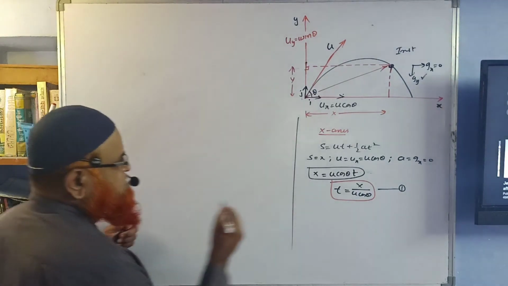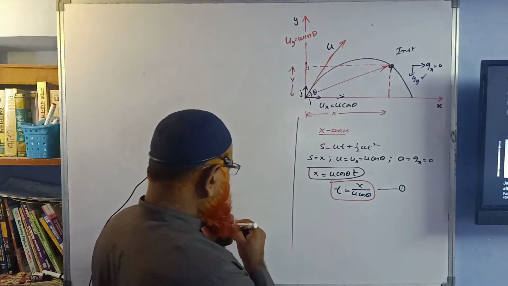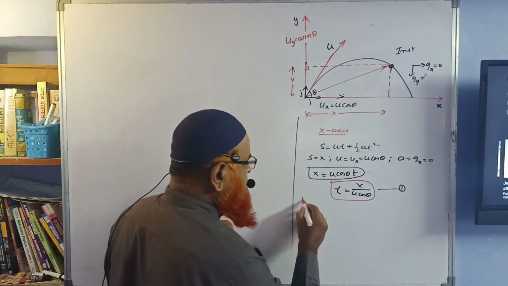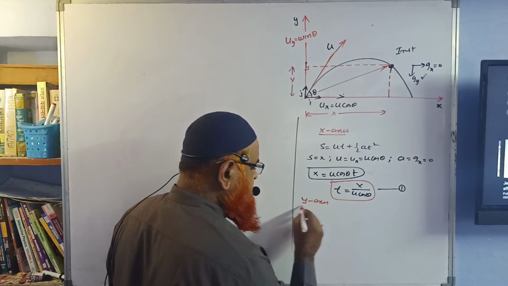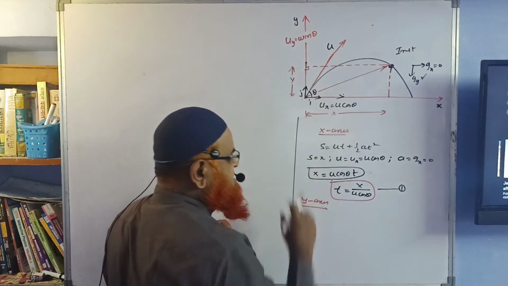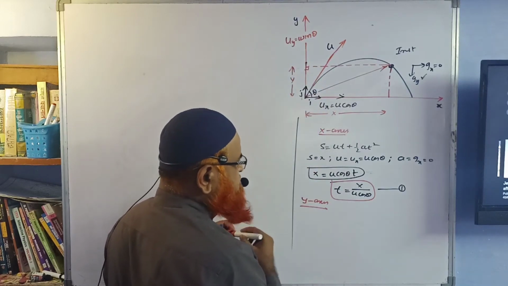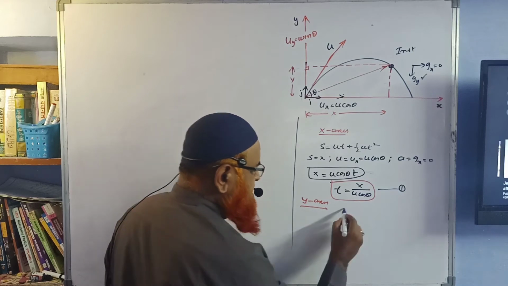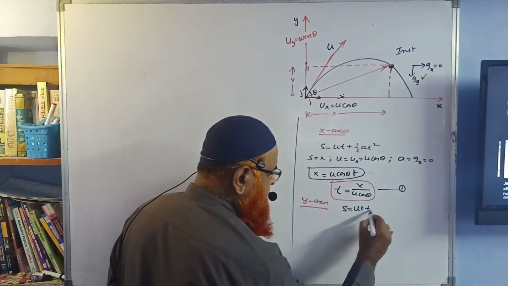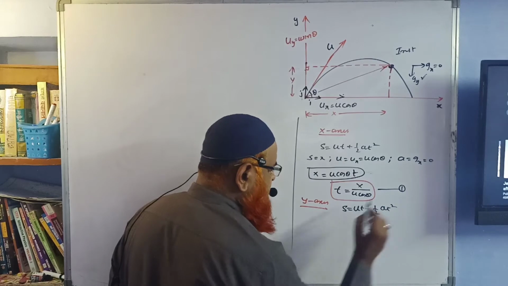Here we shall discuss what is happening along the y-axis. For the y-axis you write the same formula, s is equal to ut plus half at square.